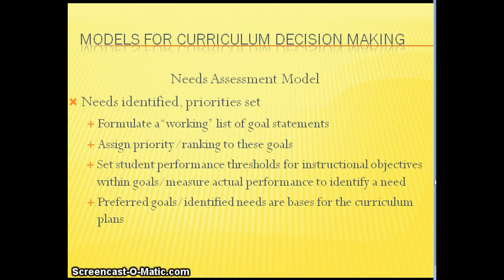But sometimes the way that we measure actual performance isn't the best measure. Sometimes it's just observed performance, and the data from observation can be really subjective. So you're identifying a need that might not really exist or be of that much importance.